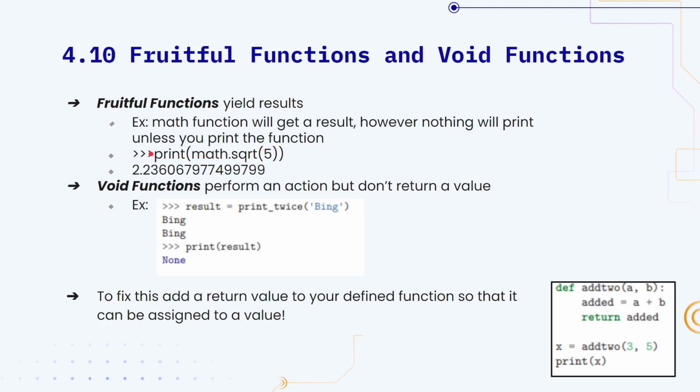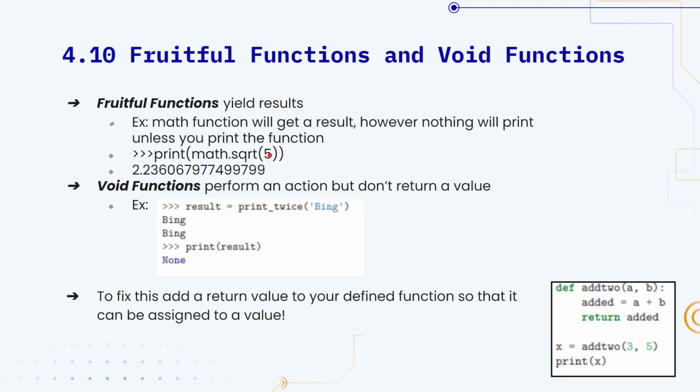So you would have to actually print math.square_root of 5 in order for it to display on the screen. That's because math.square_root returns a value. You can think of it as once this function is performed, it gets replaced by whatever the result is. You can also set these functions equal to variables, and that variable will store the result of that function.